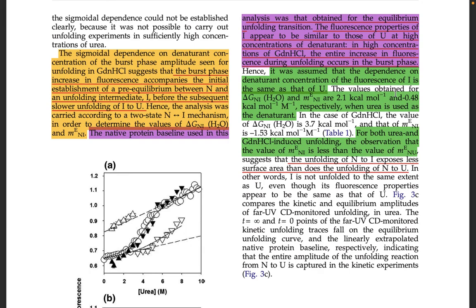So they have used a native and unfolded baseline from equilibrium measurement. Since it's an important point, I'll read it again.